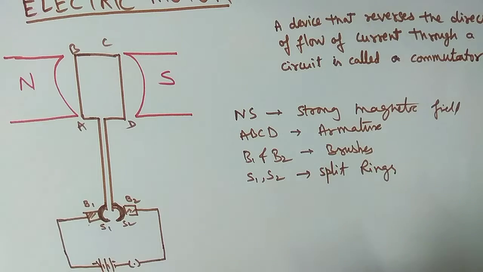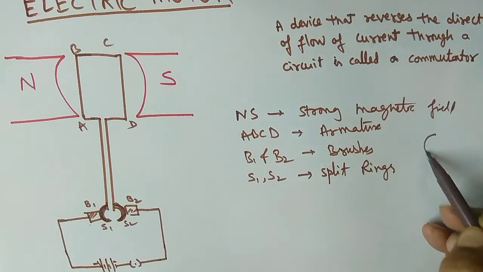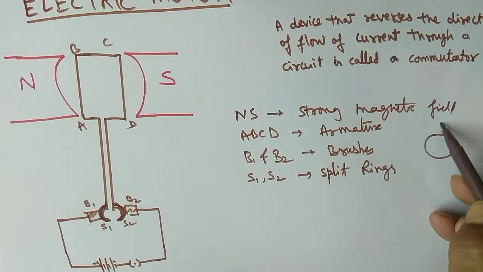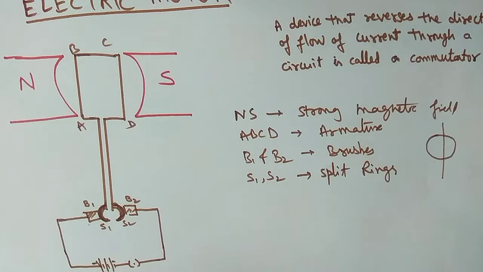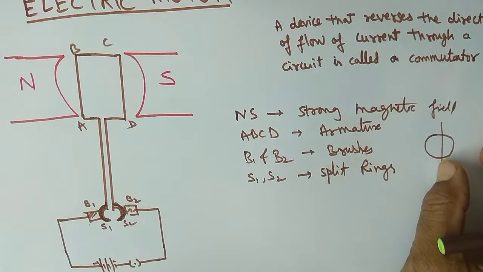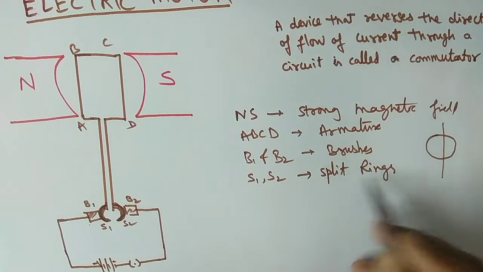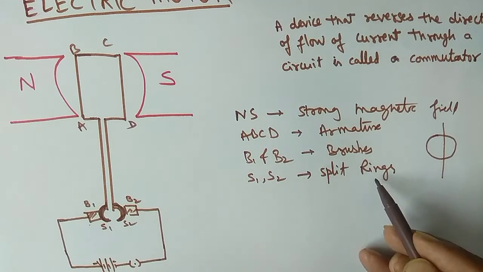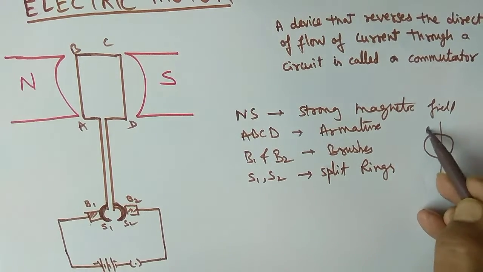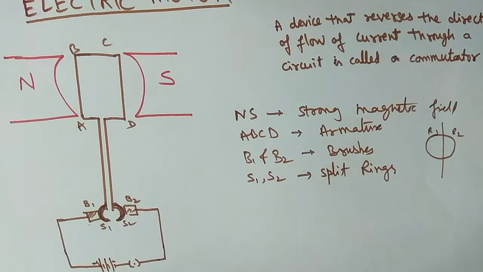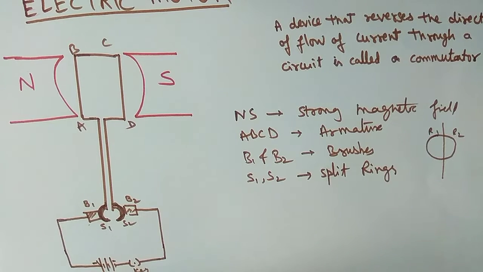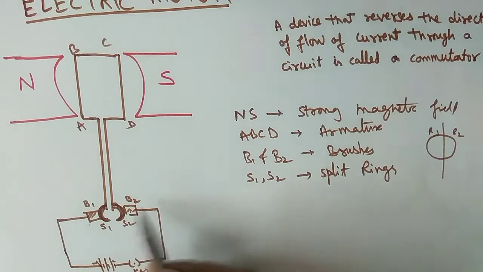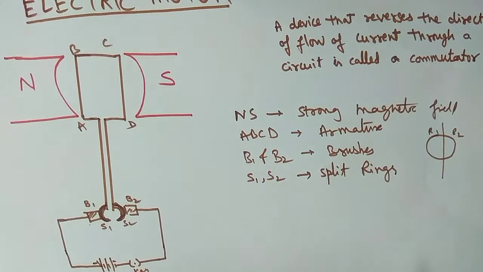Split rings means, suppose this is a ring and you cut it into two parts, so that is half. Split means cut, so it is the split rings. R1 and R2, these are the two. This is the key, and this is the cell or battery. So these are the small parts.